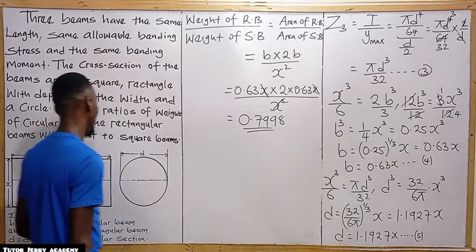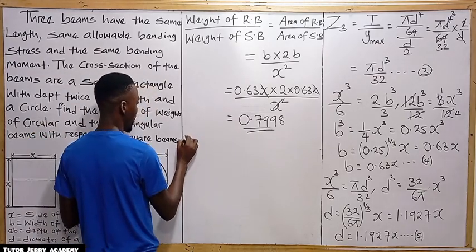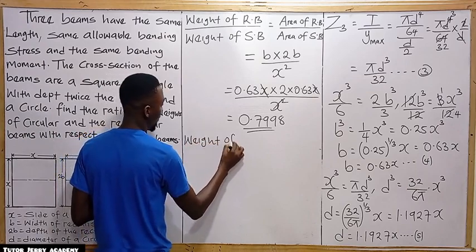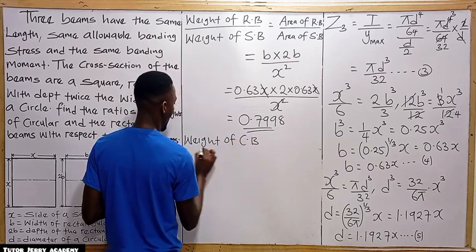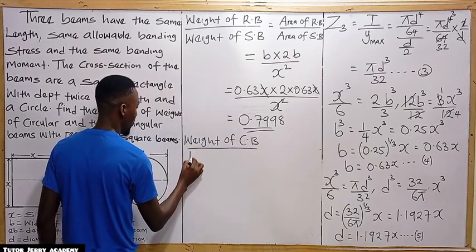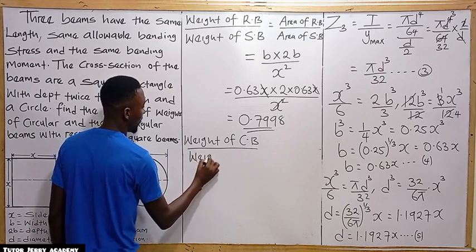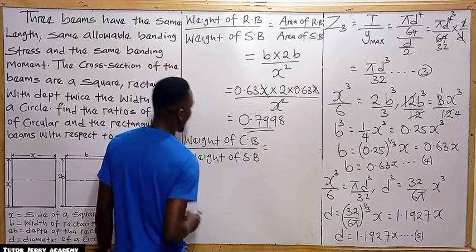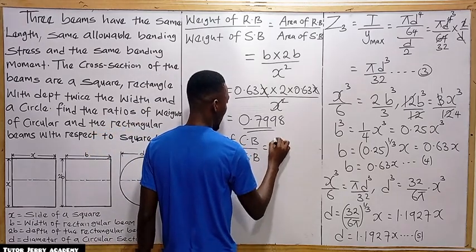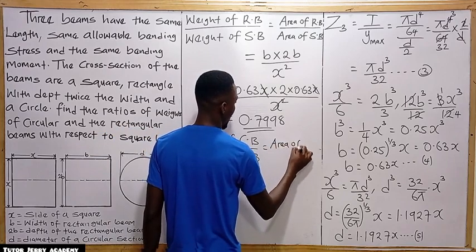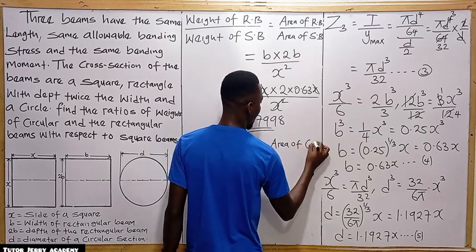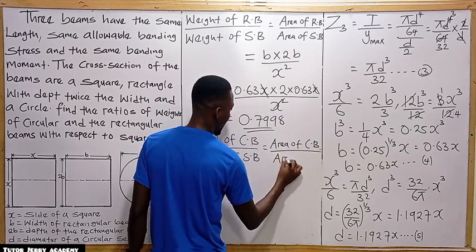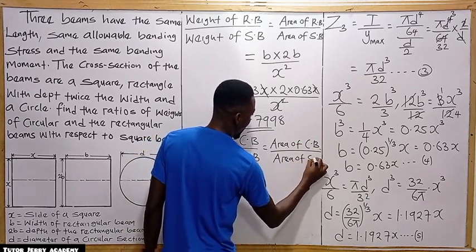Next again, the weight of our circular beam all over the weight of our square beam will be equal to the area of our circular beam all over the area of the square beam.